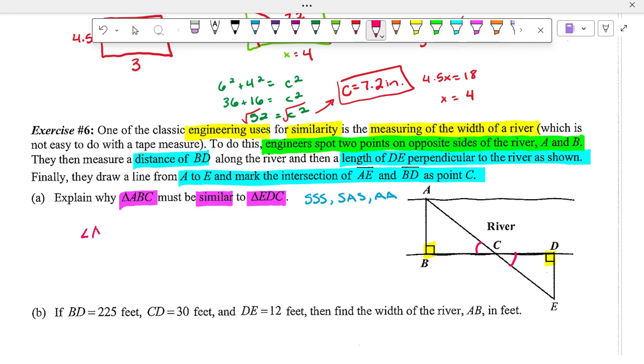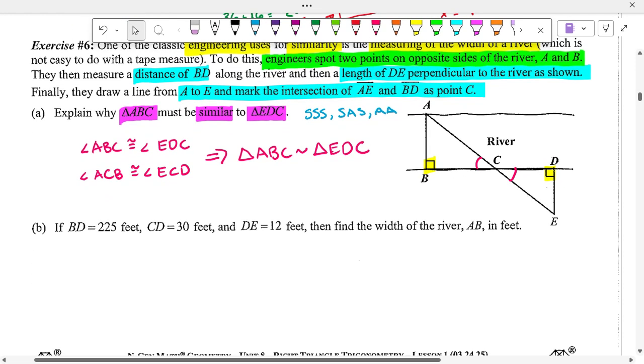So since angle ABC is congruent to angle EDC and angle ACB is congruent to angle ECD, that means triangle ABC is similar to triangle EDC. So we just showed that those two triangles are similar.